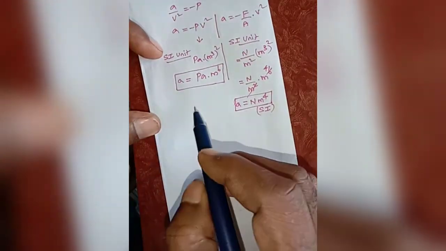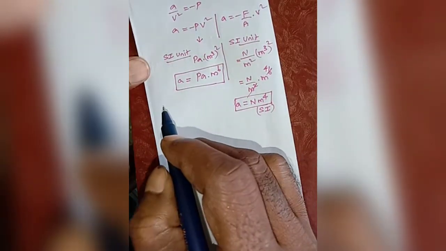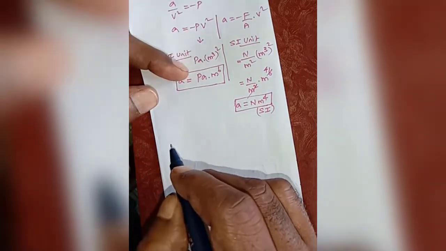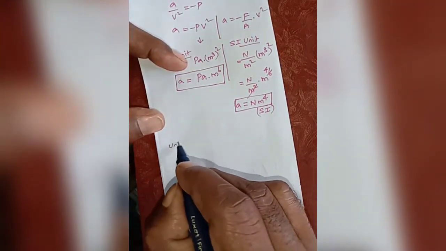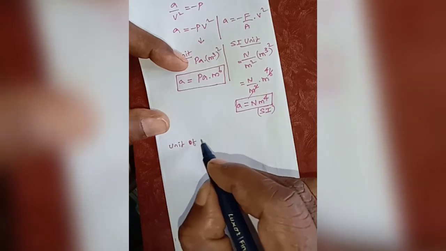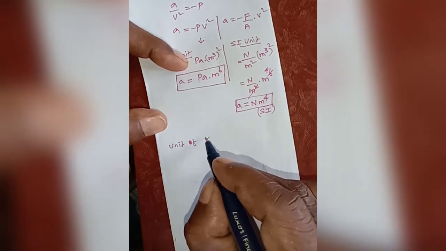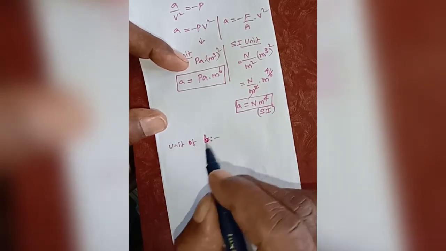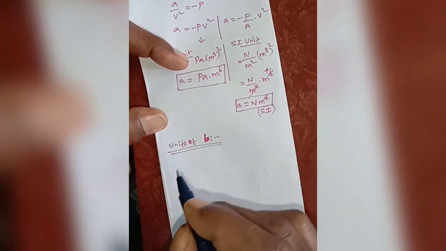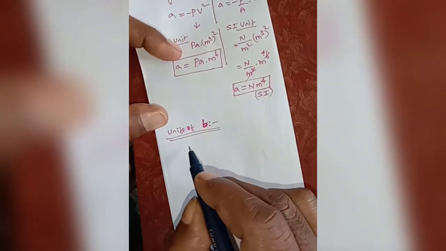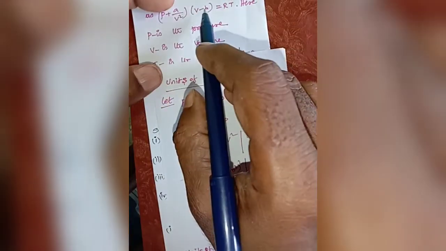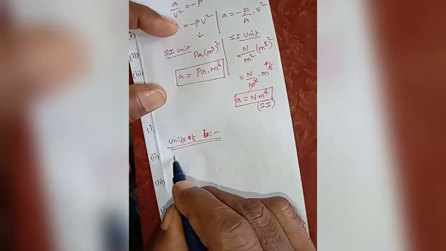Next, the units value to find out. For example, units of b value calculated. So the b is added with volume.